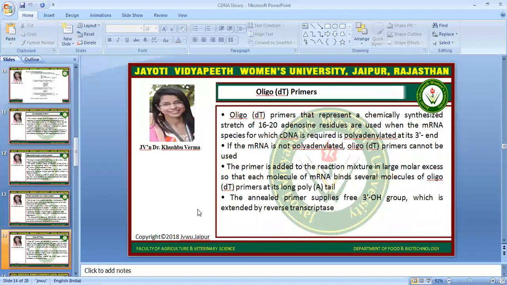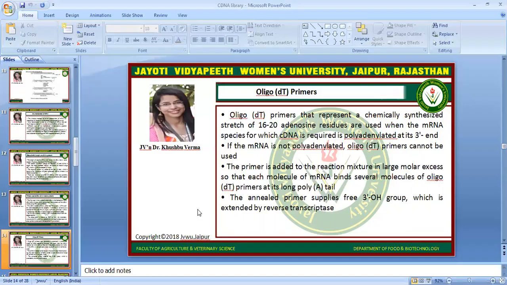Now we will discuss the oligo-dT primers. Oligo-dT primers represent a chemically synthesized stretch of 16 to 20 adenosine residues that are used when the messenger RNA species for which cDNA is required is polyadenylated at its 3' end. If the messenger RNA is not polyadenylated, oligo-dT primers cannot be used.